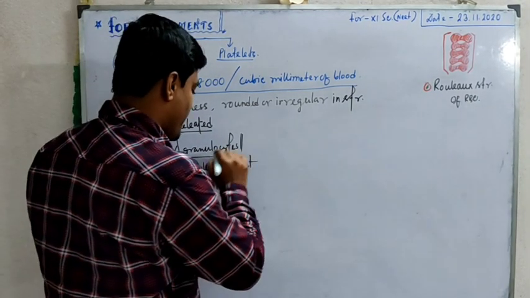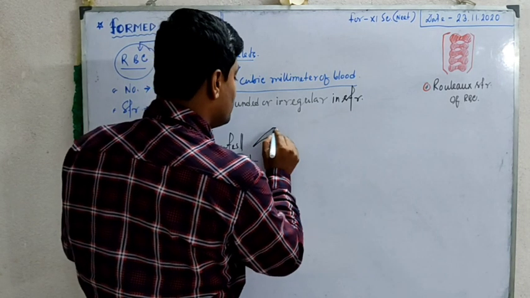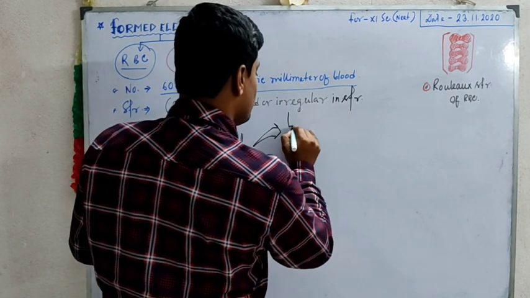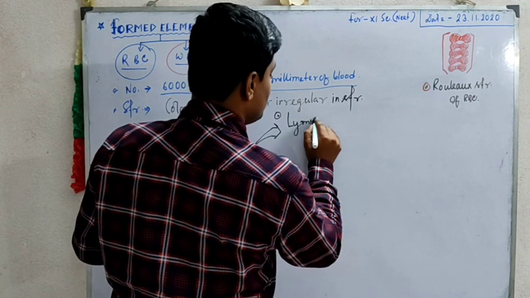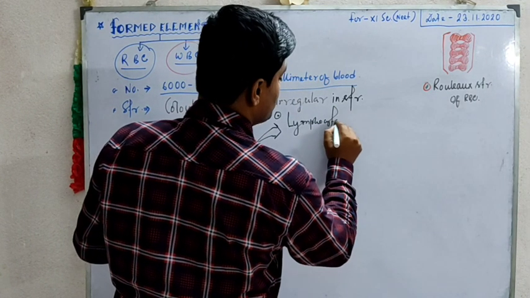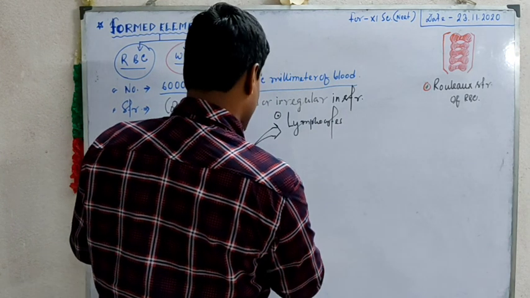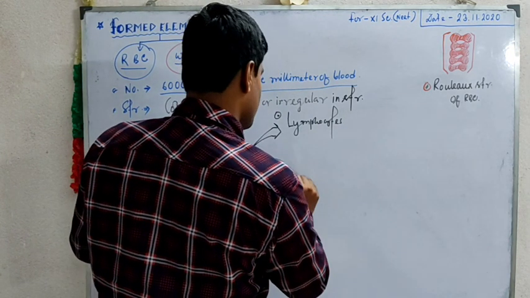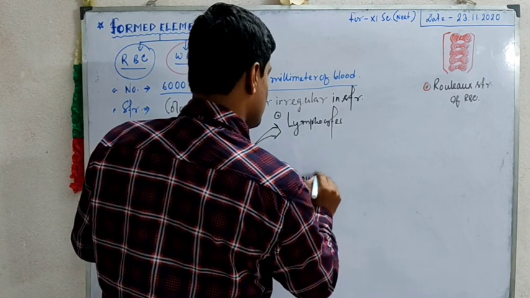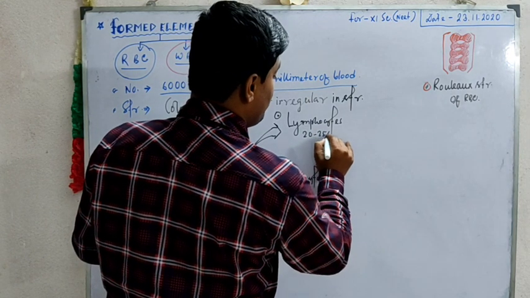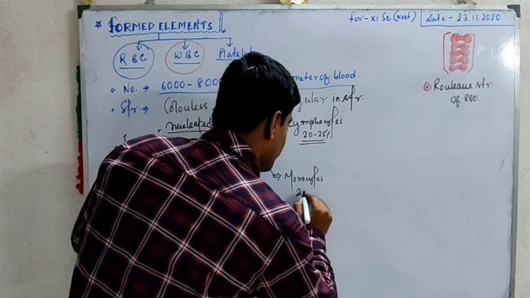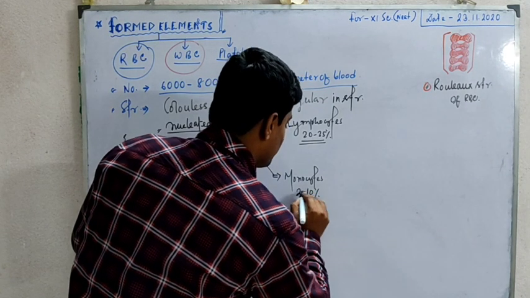Among agranulocytes, the two types of WBCs are lymphocytes and monocytes. Lymphocytes are present in 20 to 25%, while monocytes are present in 2 to 10%.